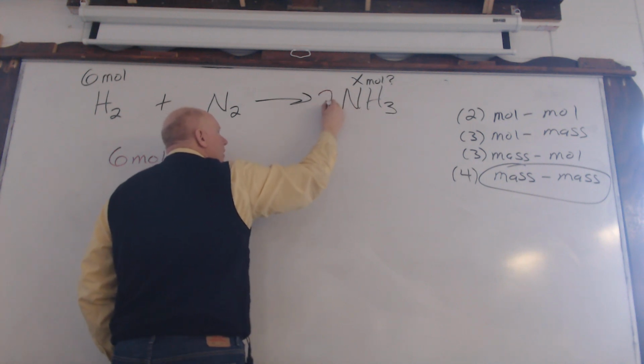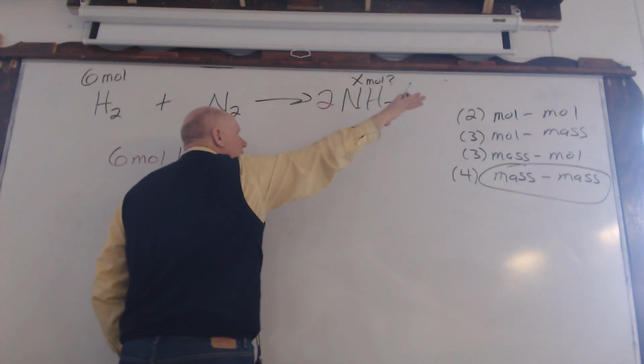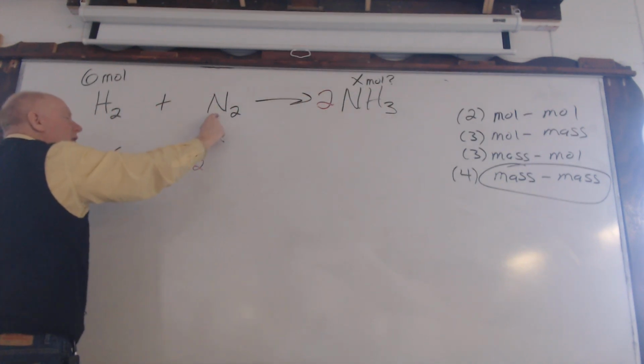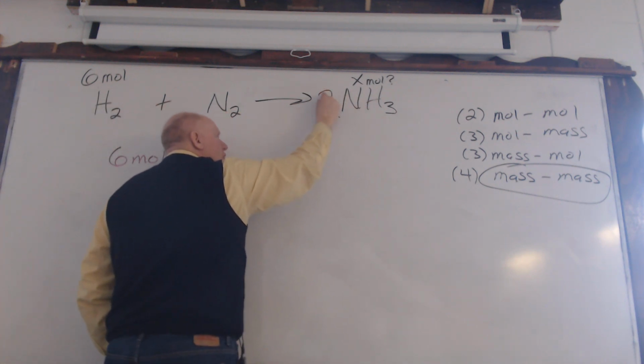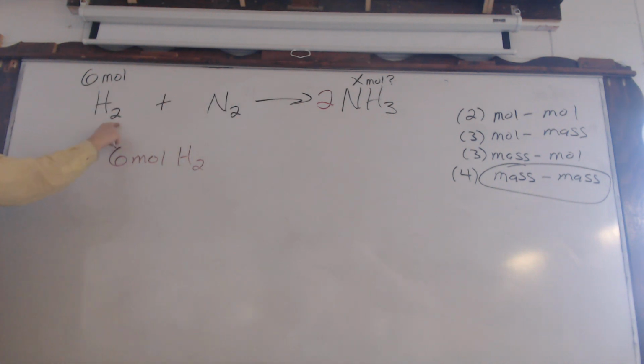Once we put a 2 there, that gets distributed through the entire compound. So we've got 2 nitrogens. How many nitrogens over here? 2. How many hydrogens? 6. Taking 2 times 3 gives you 6. But we only have 2 over here, multiplied by 3. Now everything's balanced.